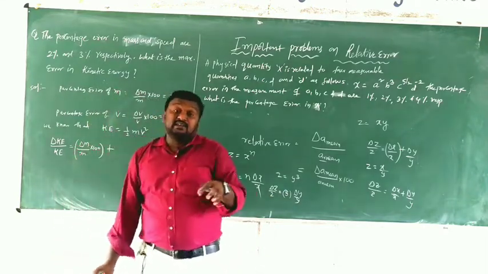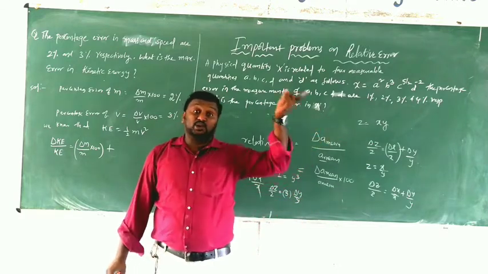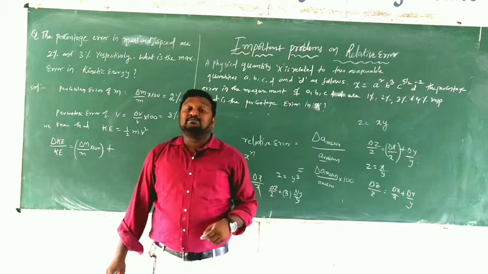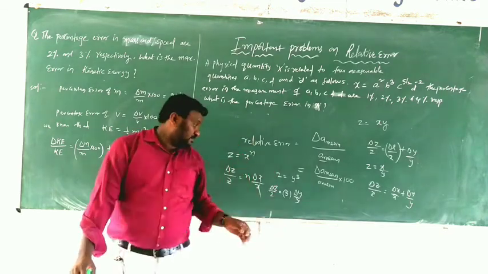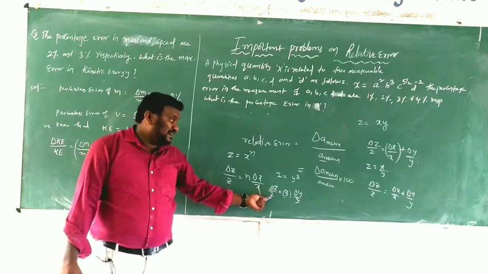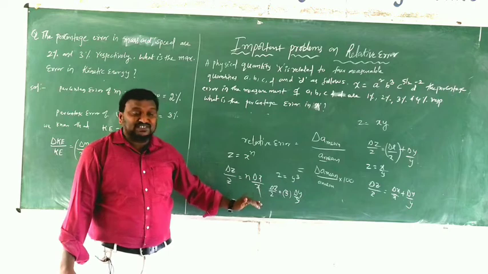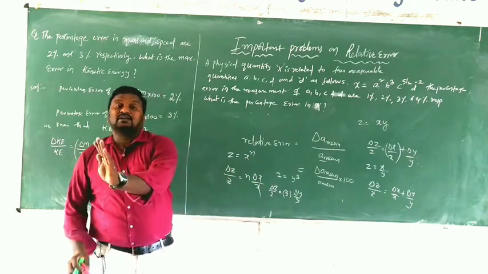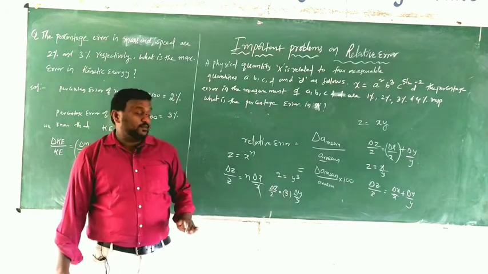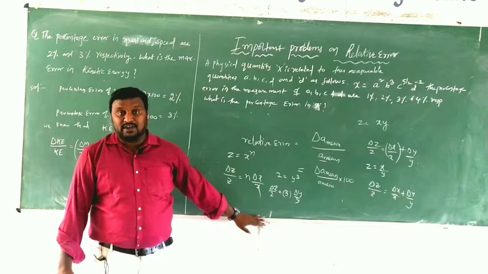I already explained the same thing in combination of errors in case of multiplication, division and coefficient. So you must watch the previous videos, then you will get full clarity about the formulas. Here z is equal to y cube, then delta z by z is equal to 3 into, I mean power into relative error of that particular quantity, 3 into delta y by y.